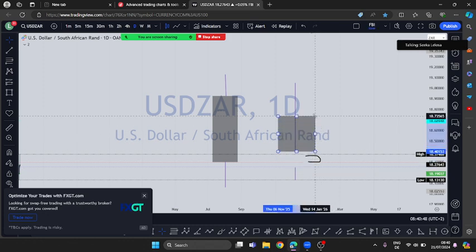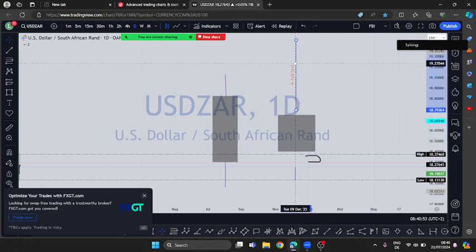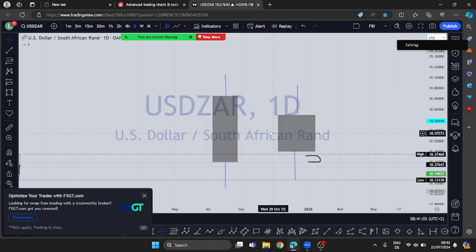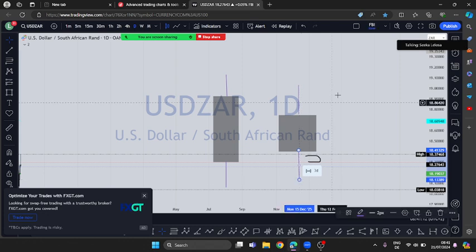And then we have the third type. So the third type is what we call an indecision candle.